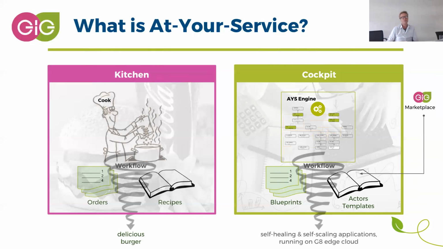The idea is that for any workload you could come up with, you will have to create an actor. And an actor, as you will see, or templates, is a bunch of files, basically 3 files, that include exactly what the system needs to do to interpret blueprints and to manage the full life cycle of the service for which you have been creating the actor templates.